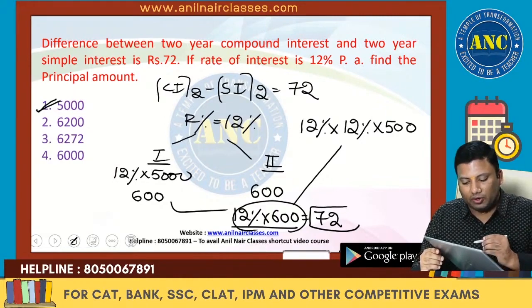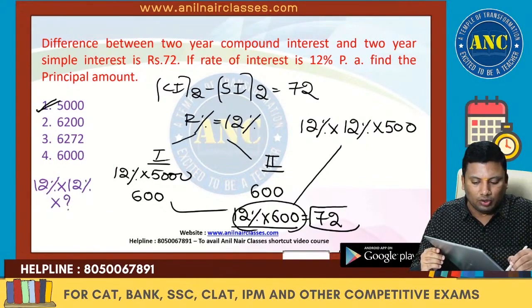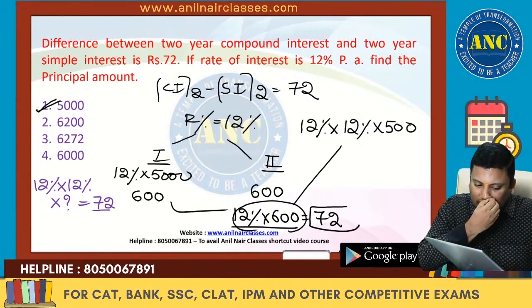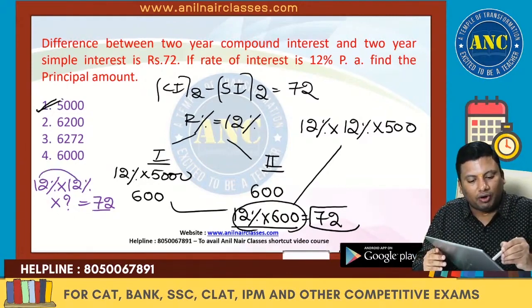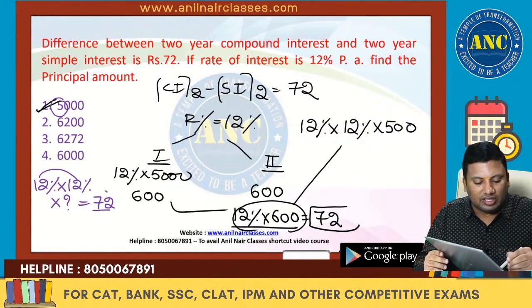Just by looking at a question itself, you will get 12% into 12% into something. It is nothing but 72. Now see here, you go by the answer option. 12 12s are 144. 14.4 into 5, which is 72.